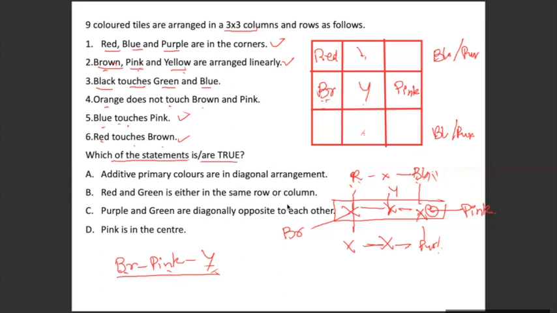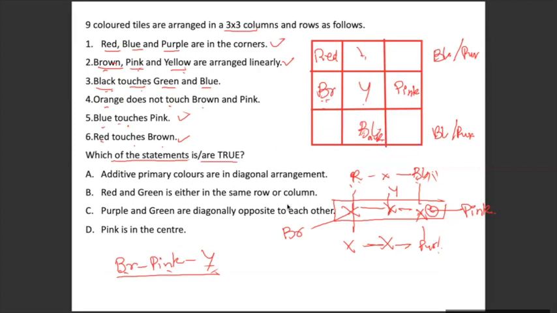And what else we are given is red touches brown and blue touches pink. Black touches green and blue. In order, if this is blue and purple, and orange comes either here or here, in order for black to touch blue as well as green, obviously here if I put black, sorry, BLACK, I'm just writing the whole thing because you'll get confused with blue otherwise.